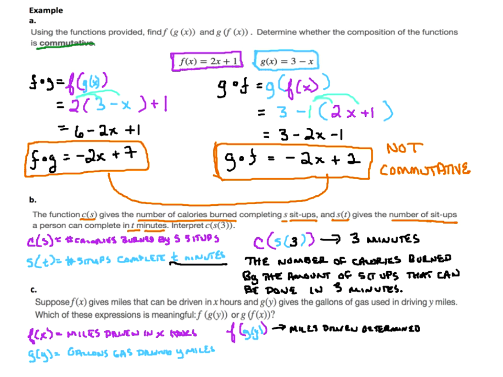G gives the gallons of gas used in driving a certain amount of miles. So it's determined by the amount of miles driven as a function of gallons of gas used. Miles driven by gallons of gas used.